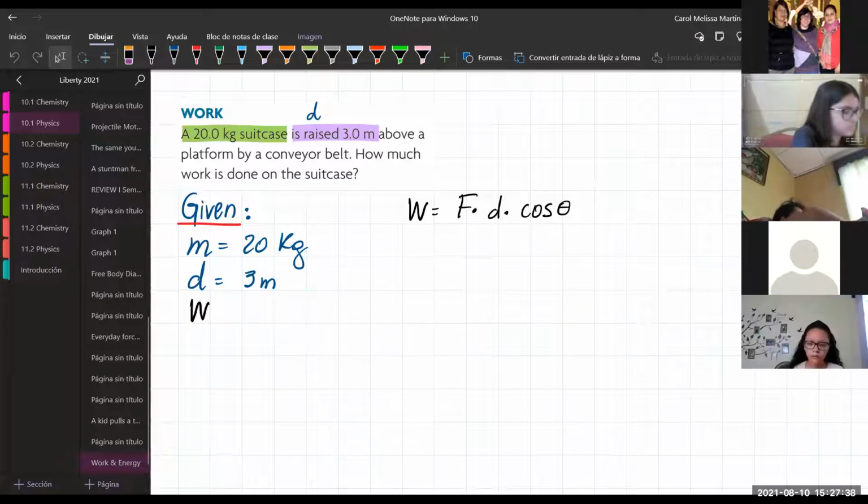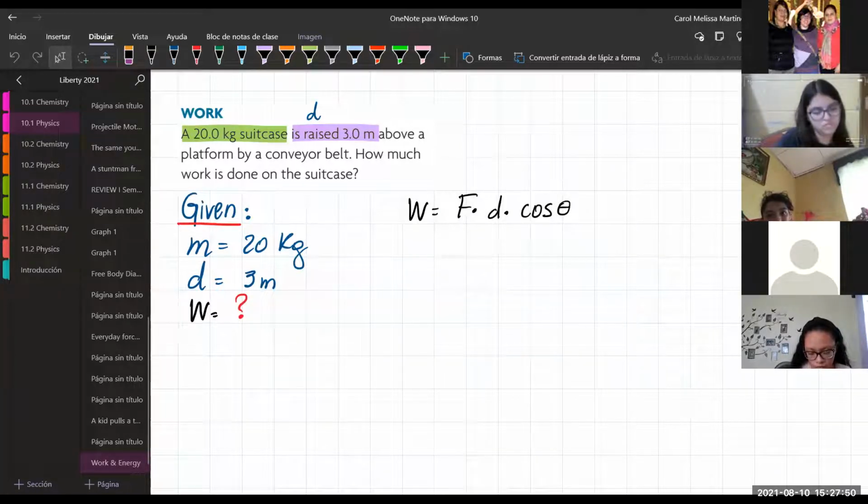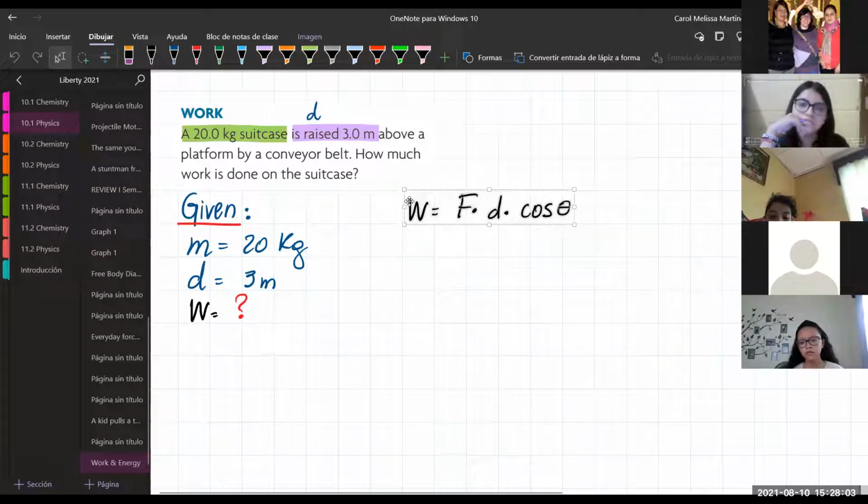They're asking me to find work and they're not giving me an angle. O sea, we cannot solve it because the angle is not given. Let's make a sketch, okay? Let's make a sketch that maybe it helps us to do a better job.